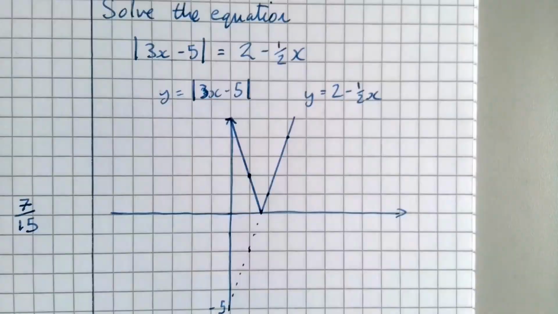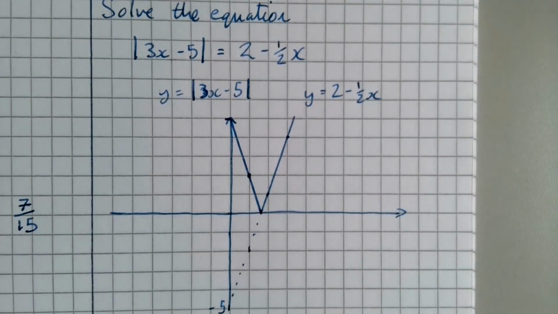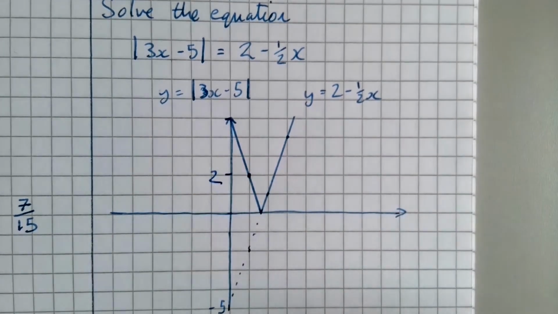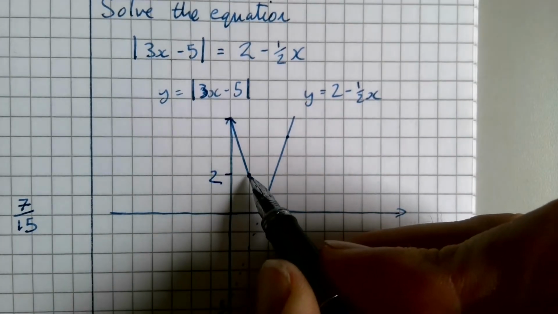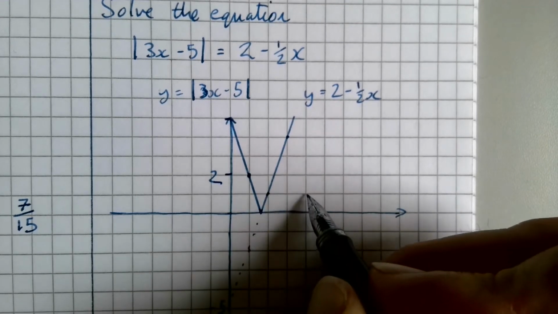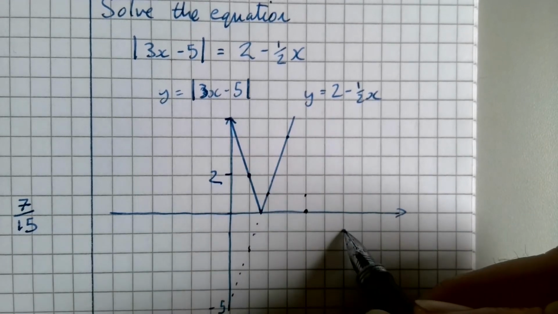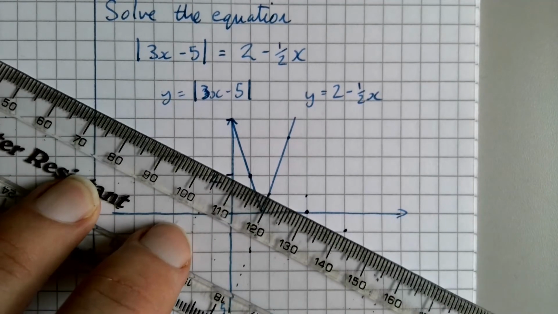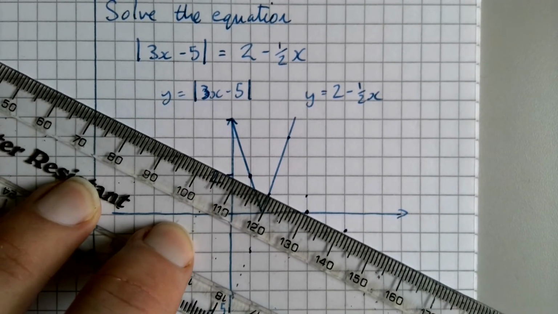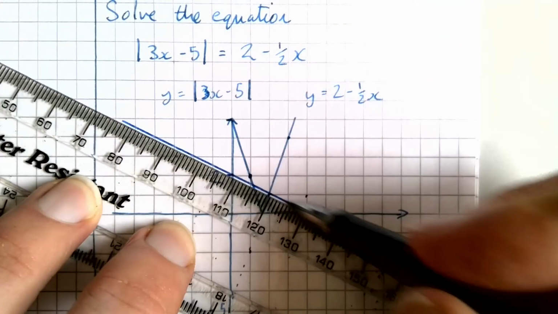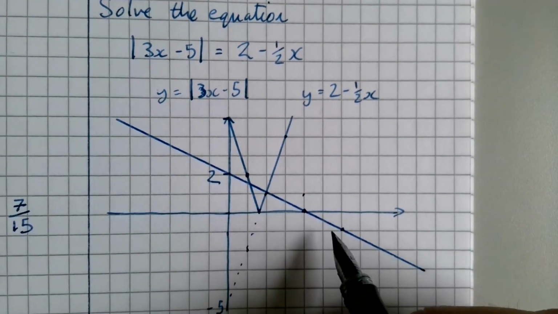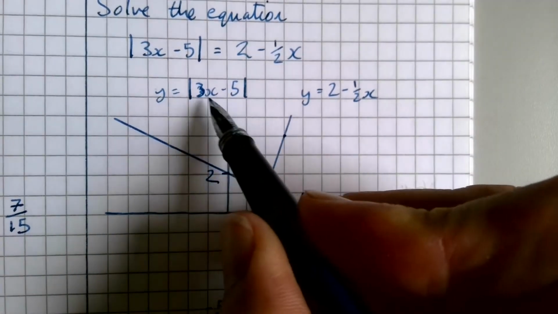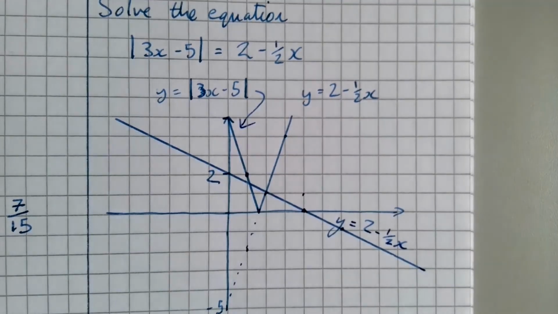So there is y equals 3x minus 5, and then y equals 2 minus a half x. Well, there's our y-intercept, and then gradient of negative a half along 2 down 1, along 2 down 1, along 2 down 1. So we are going to be having the line that crosses just there as being y equals 2 minus half x, and that one is there.